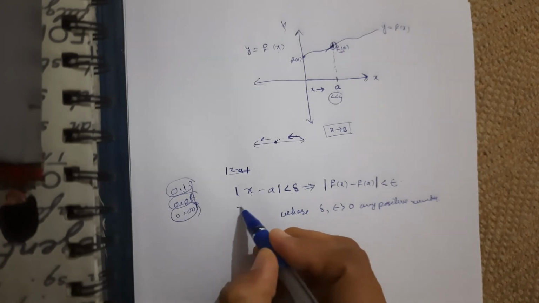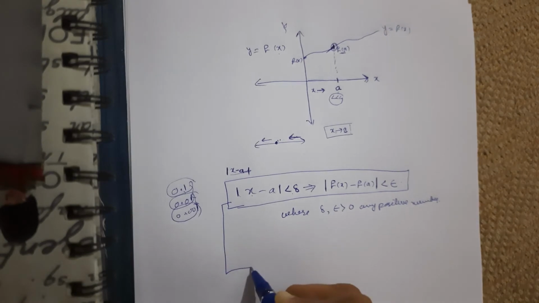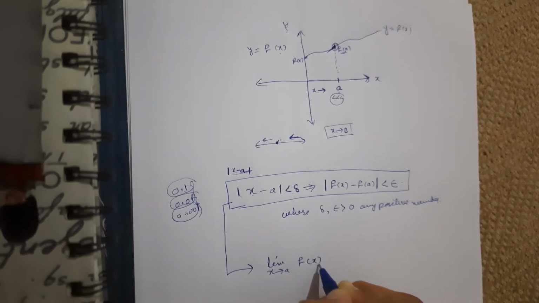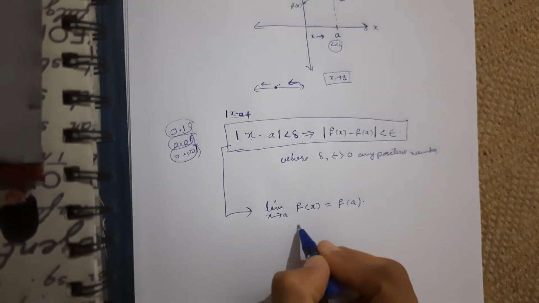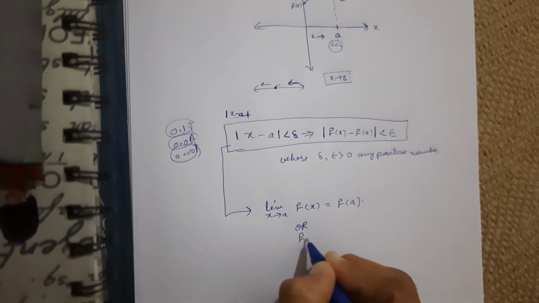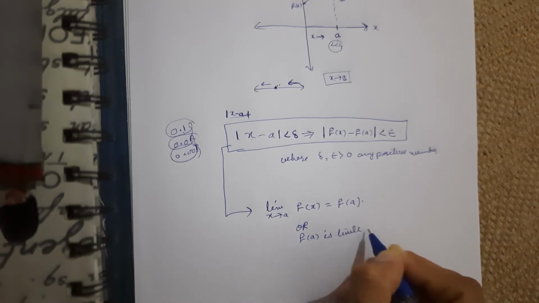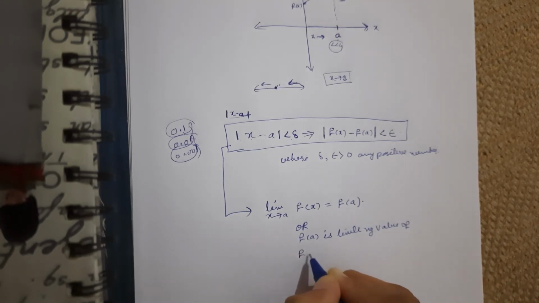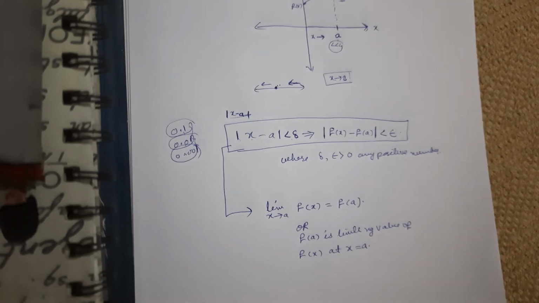So if this condition is satisfied, then we say that limit x tends to a, f of x equals f of a, or we say f of a is the limiting value of f of x at x equal to a.